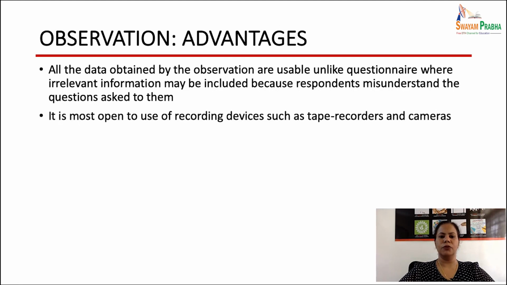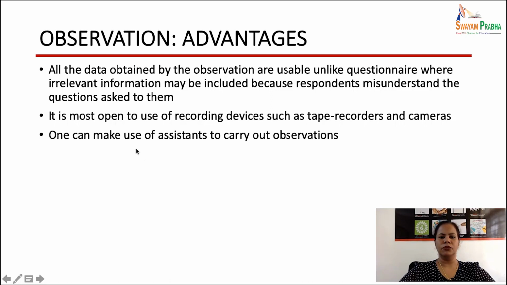Then it is most open to the use of recording devices such as tape recorders and cameras. We can use video recording and audio recorders, which can be used afterwards to make out the meaning of those behaviors, or of those narratives which you have recorded during observation.